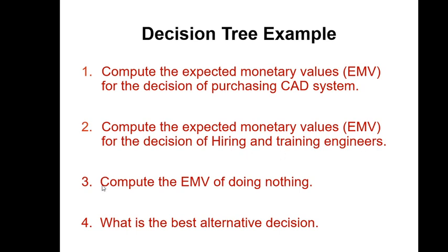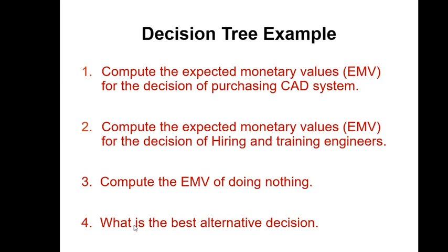And the third requirement is to compute the expected monetary value for doing nothing. Now we answer it together: the answer will be 0, of course, because if we decide to do nothing, then our expected monetary value will be 0. So the answer in any question of doing nothing will be 0 for the EMV, without solution.